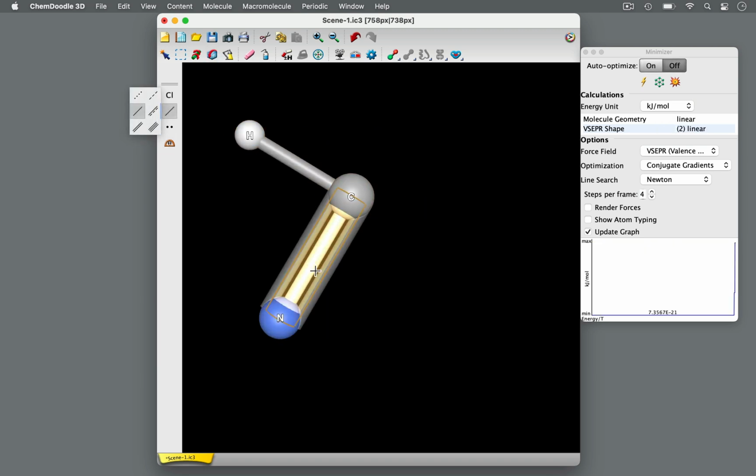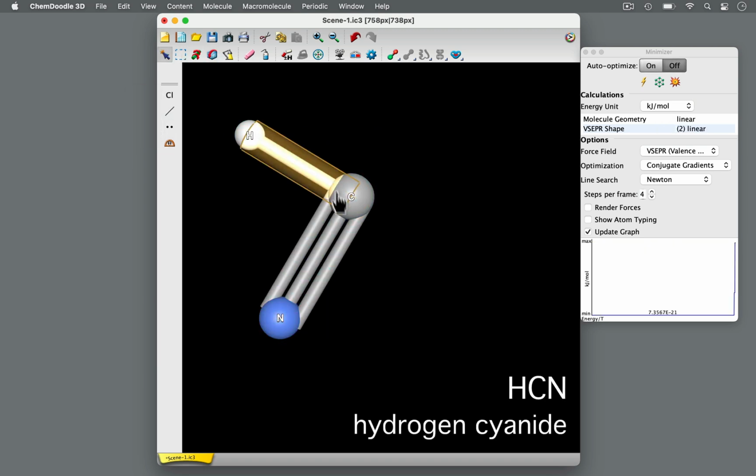Let's consider hydrogen cyanide. There is a central carbon atom with hydrogen attached by a single bond, and nitrogen connected by a triple bond. Remember that molecular geometry is influenced by the number of locations of electrons in a valence shell, not by the number of pairs of valence electrons.